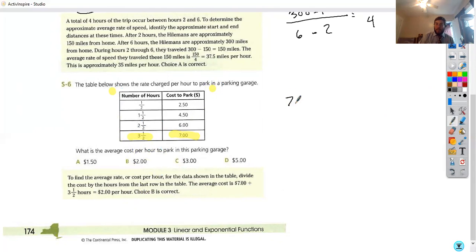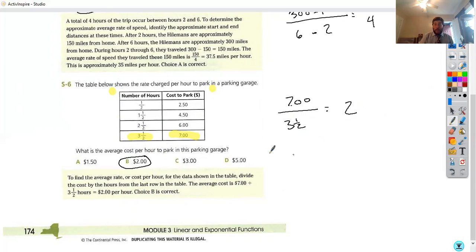So we could just take $7 and divide it by 3 1/2, and 7 divided by 3.5 is going to be 2. So choice B is correct for $2.